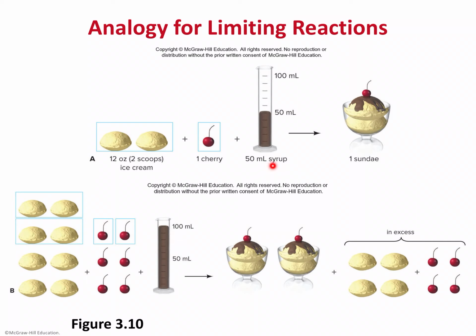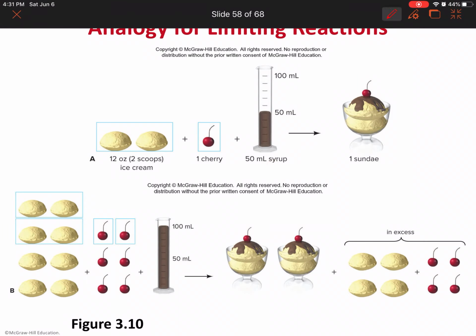So if you consider this as 1 mole, okay, let me write that down. You can consider this as 2 moles ice cream, 1 mole cherry, and then you can consider this as 1 mole syrup to give you a 1 mole sundae.